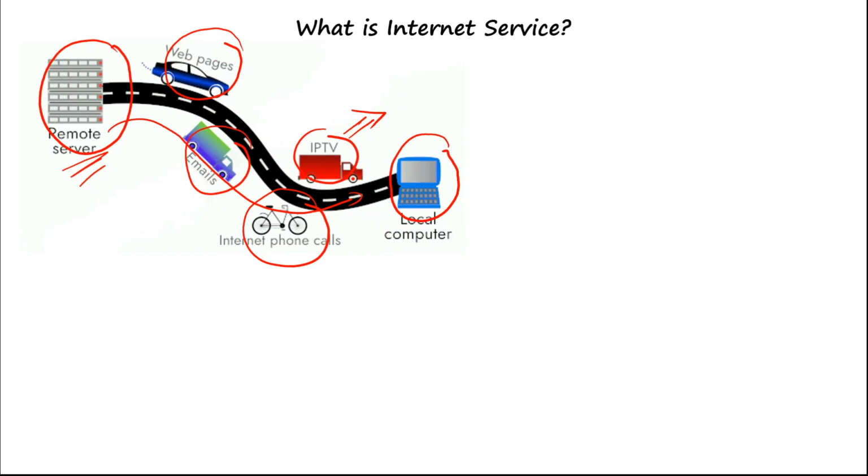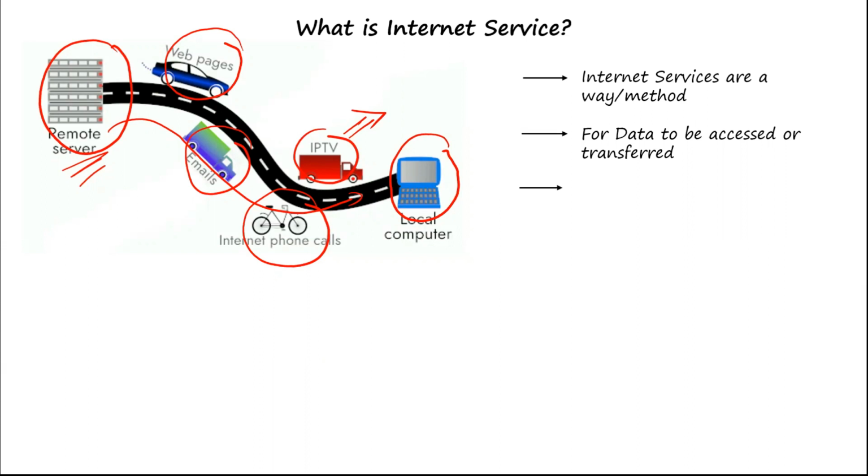So all the apps that we use to gather information, from reading text, watching videos, sending files, accessing emails, to browsing websites, use standard protocols. So let's get a quick recap. Internet services are a method for data to be accessed or transferred from internet servers to your computers or devices. Right?